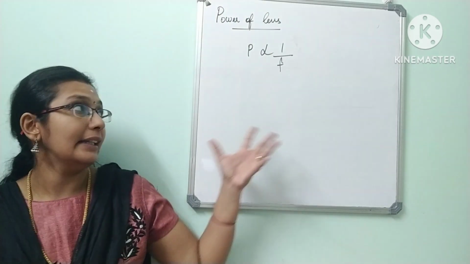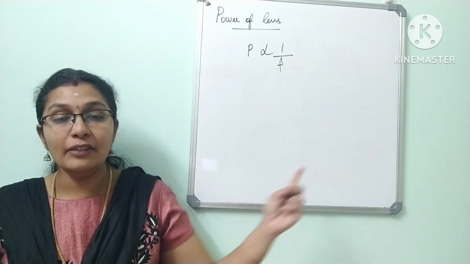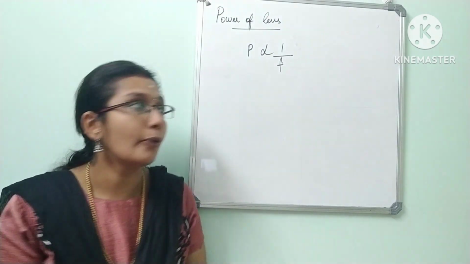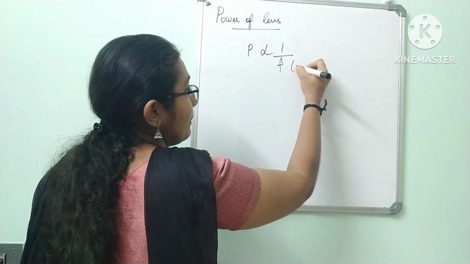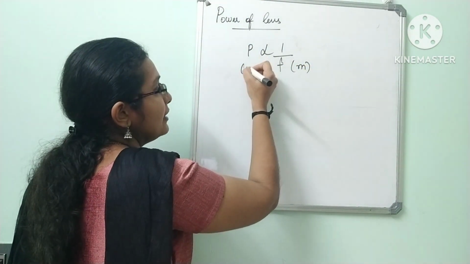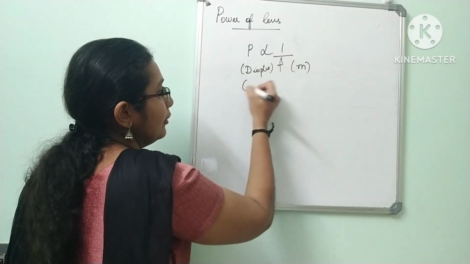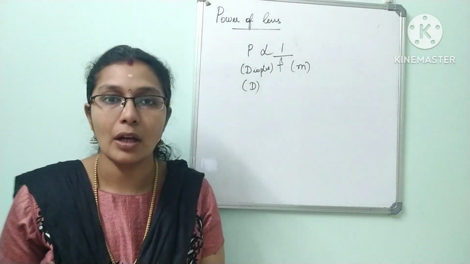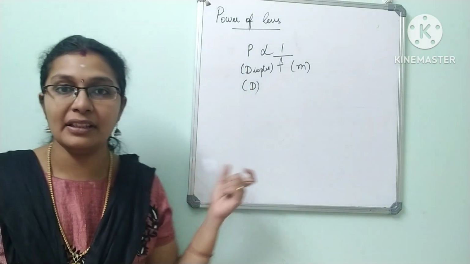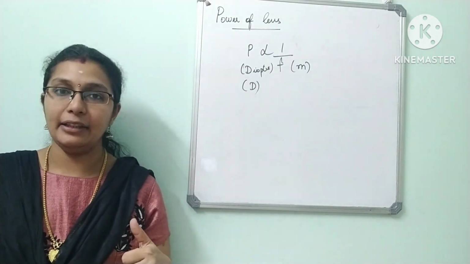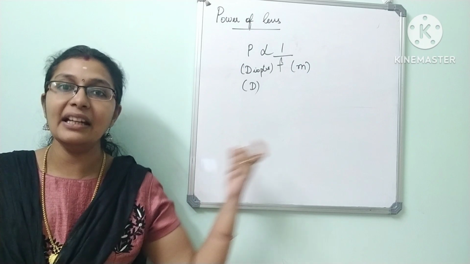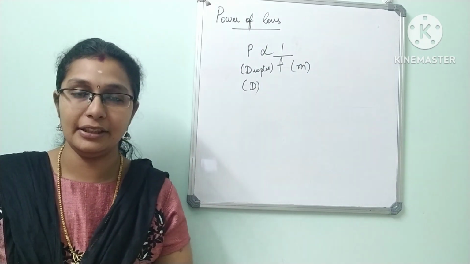It is inversely proportional to focal length. Focal length is measured in meters and power is measured by a unit called diopter. It can be represented by the letter D. D means diopter and focal length is measured in meters.